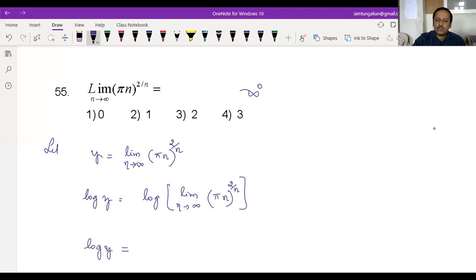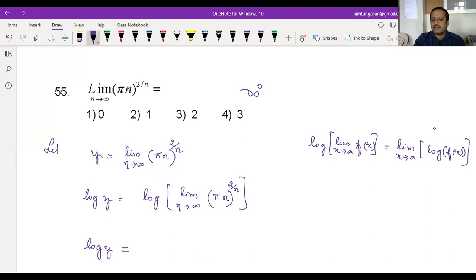Property of logarithms and limits: log of limit x tends to a f of x is equal to limit x tends to a log f of x.